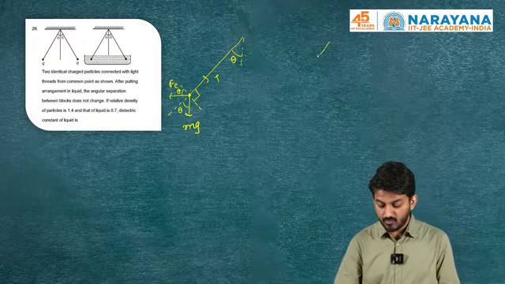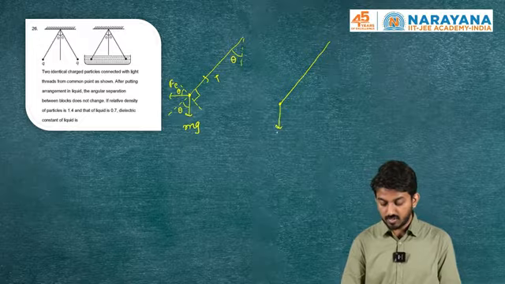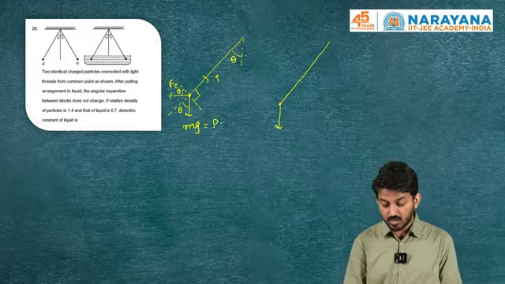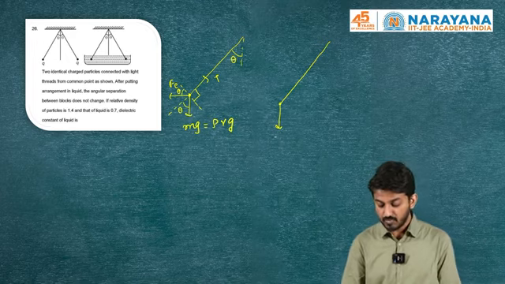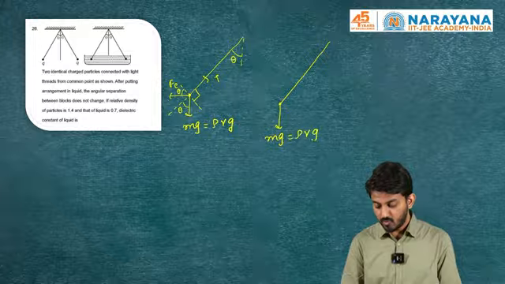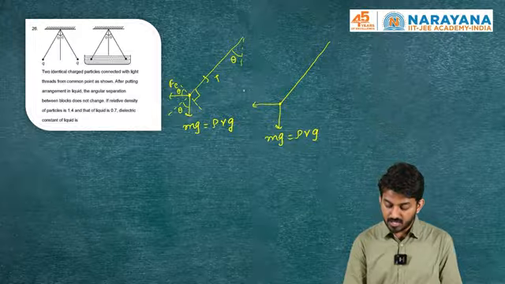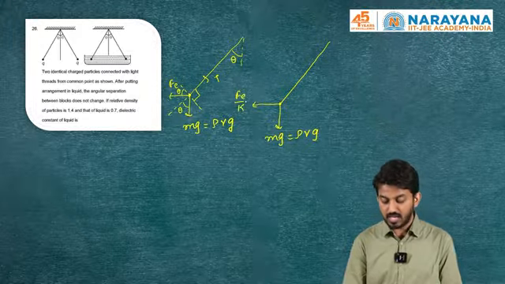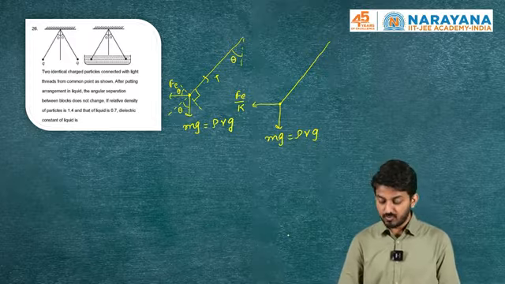In the other case, if I draw, I'll have the same mg, which I can write down as rho Vg, where rho is the density of the particle. So mg is equal to rho Vg. Now in this case, the electrostatic force of repulsion here will become Fe by K. K is the dielectric constant, because the medium has changed, so we have to change the electrostatic force.